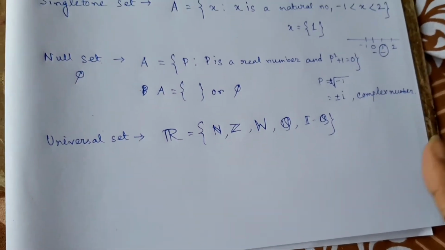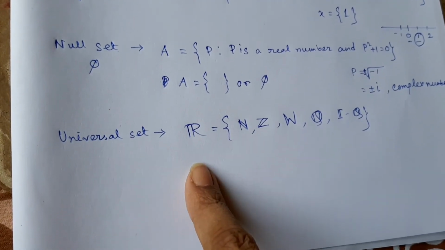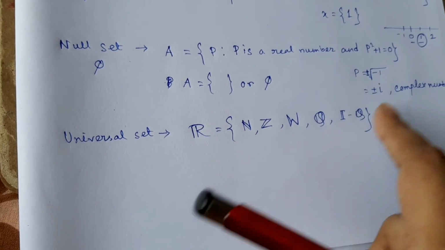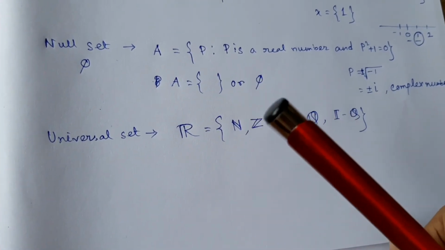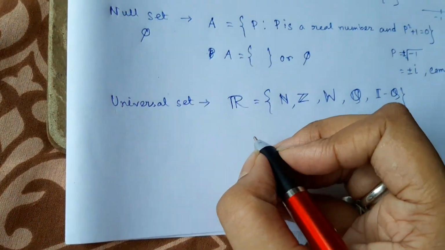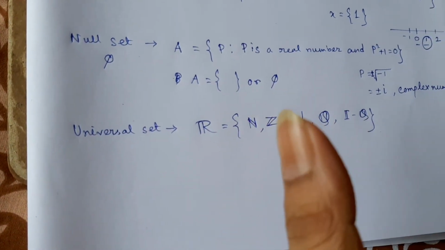So here R is a universal set which contains N, Z, W, Q, and I minus Q. So a universal set contains more objects.